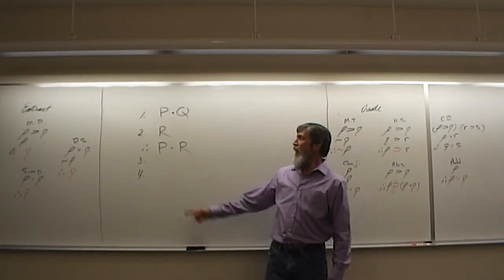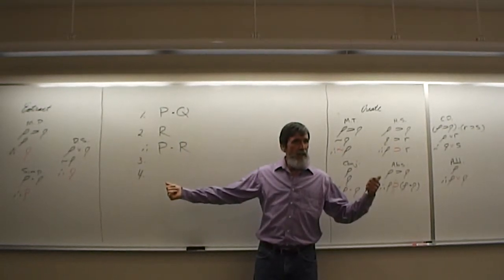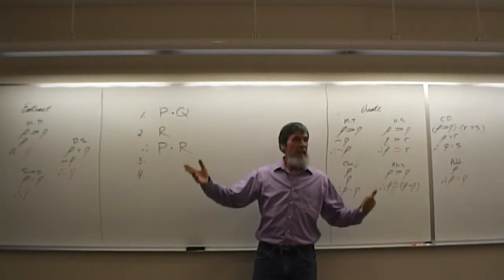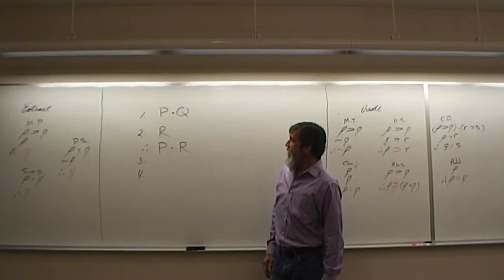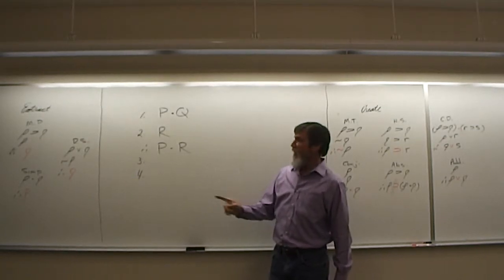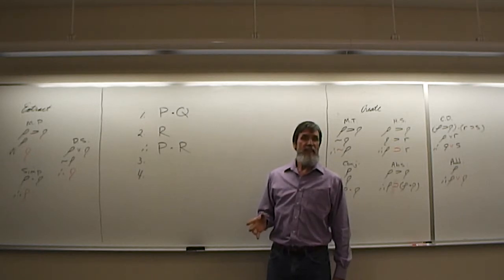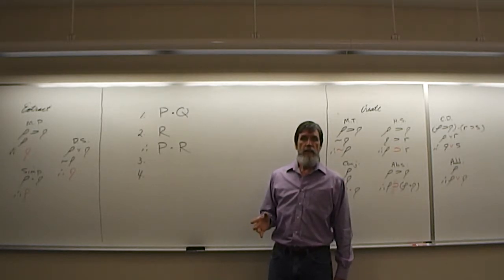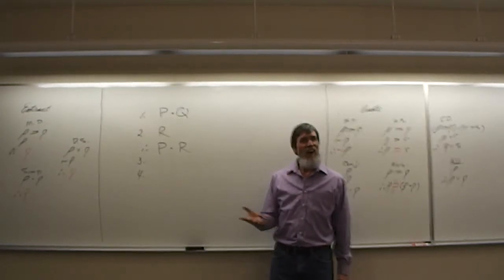Not much you could do with a simple statement. That could only be substituted again for a variable by itself. P, Q. Question, does our conclusion exist in the premises? No, it doesn't.